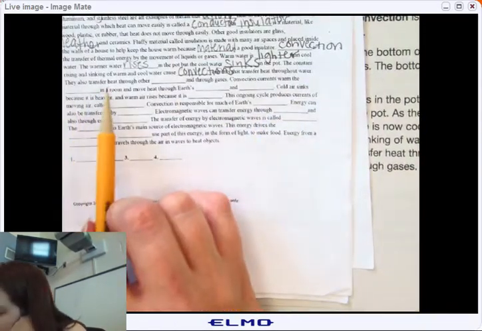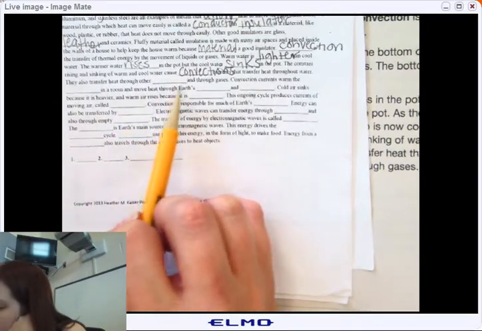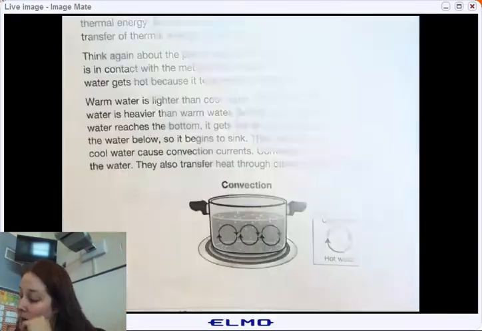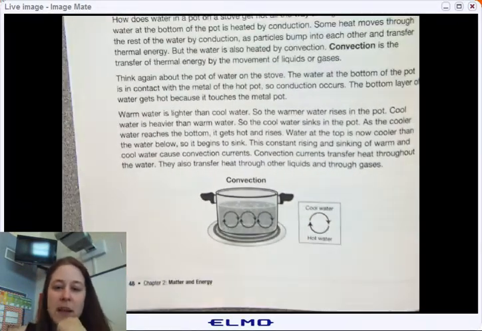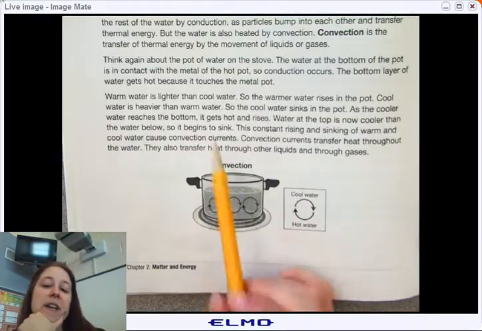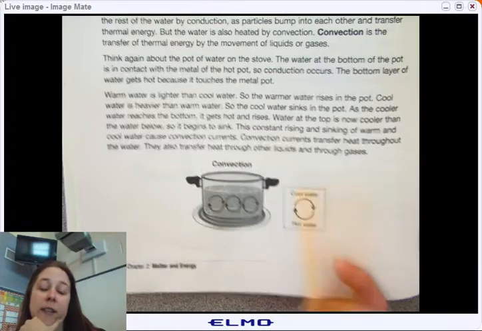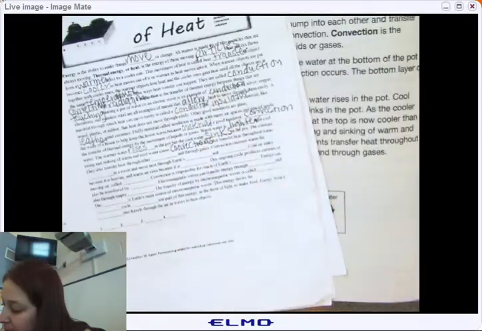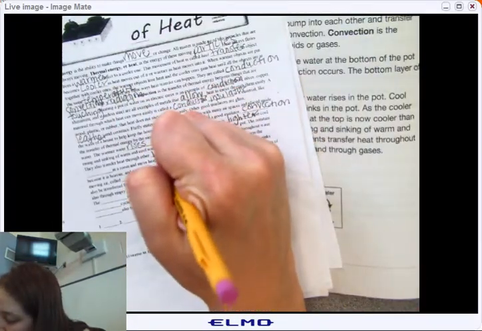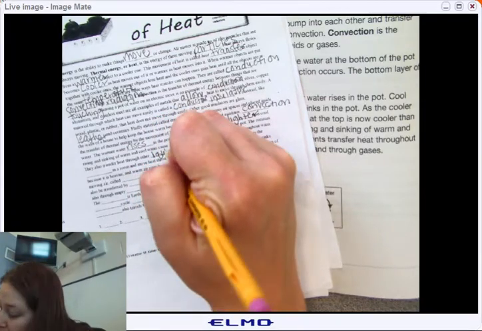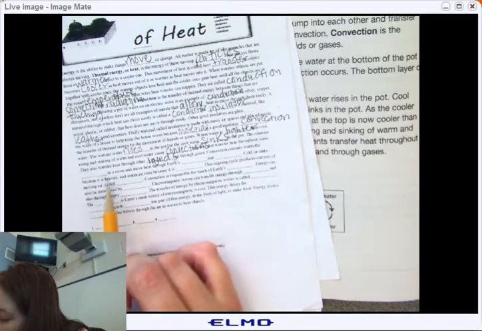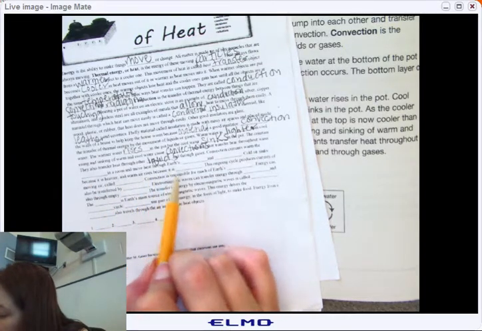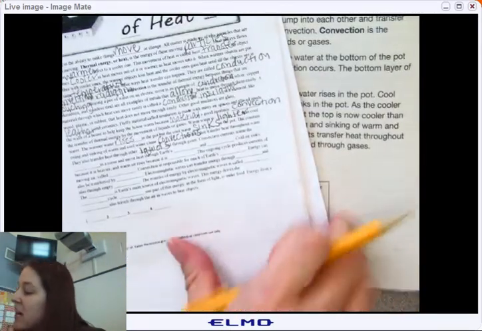They also transfer heat through other blank and through gases. Last line. They also transfer heat through other liquids and gases. So this is liquids. Convection currents warm the blank in a room and move heat through Earth's blank and blank. So we haven't gotten to that part yet.